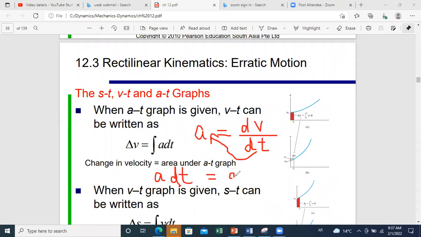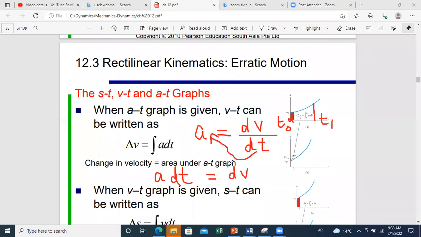And now I can find the variation of velocity between any 2 times. So let's say this is t0, and this is another time here, t1, for example. And I want to determine how the velocity is varying between t0 and t1.